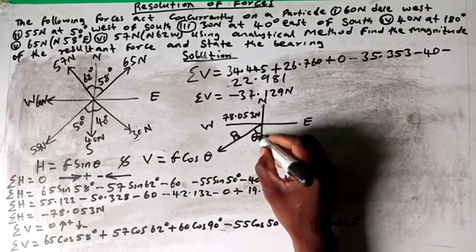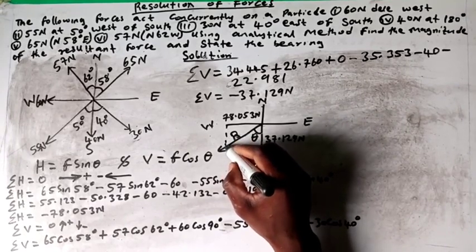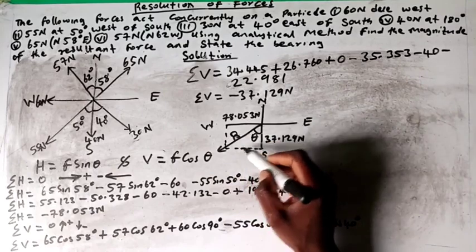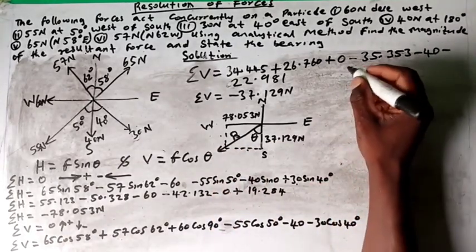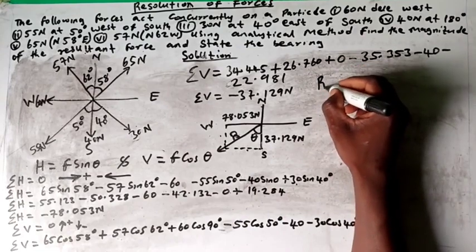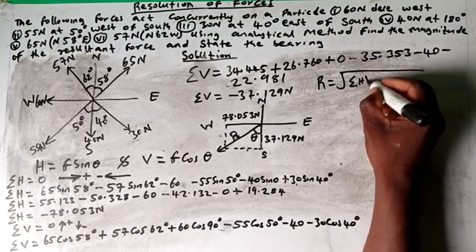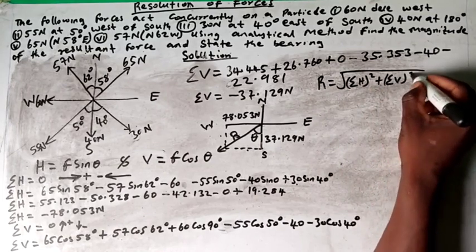The angle of inclination of the resultant force with the vertical is here. Let's call it theta. So if we close this part of the triangle to form a triangle, we say that here is equal to here and here is equal to here. Therefore, our resultant force R will be equal to square root of summation of H all squared plus summation of V all squared.